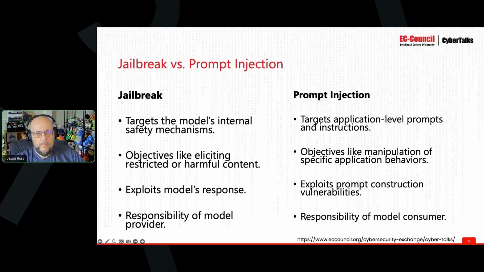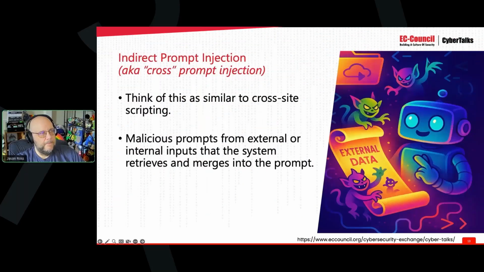Which gets us to indirect prompt injection as an attack path. Thinking of this, it's very similar to cross-site scripting. It's a malicious prompt from an external source, not from a direct user input, right? So the classic example that's often used here is pretend that you have an AI system that is screening job applicants.